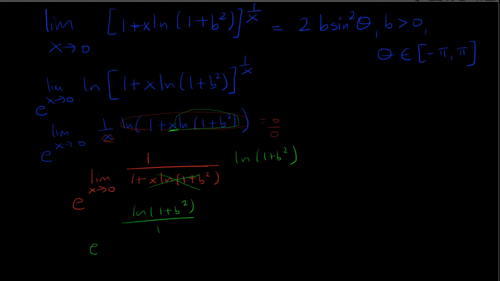So that's going to be over 1, which is really e to the ln of 1 plus b squared, which we know is 1 plus b squared. So the e and the natural log cancel each other out. So that is going to equal the 2b sine squared theta, right? So 2b sine squared theta.